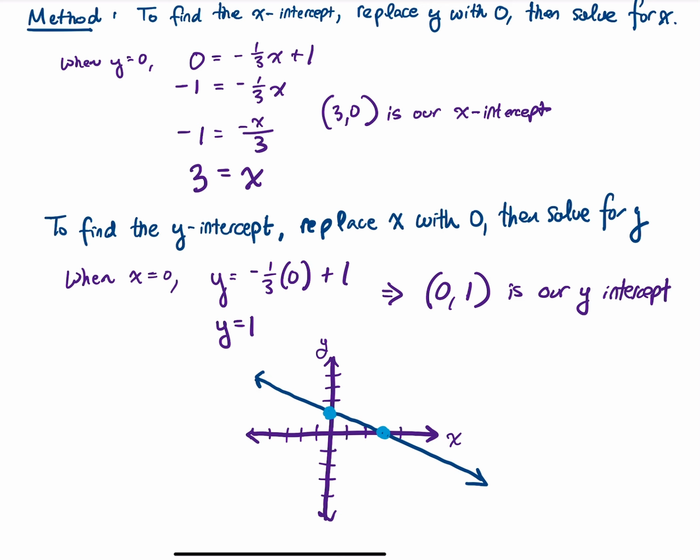So let's find our y-intercept by setting x equal to 0. We can say when x equals 0, this would be negative 2 times 0 plus y equals 0. Well, notice this will just give us y equals 0. So that gives us the point 0, 0.